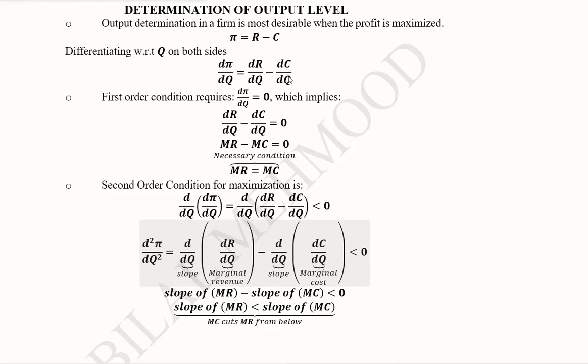Since we do not have any exact form of it or any numerical form, we just write them in the derivative general notation. For the maximization, we find out the first order conditions primarily, which require it to be equal to 0. So instead of d pi over dq we can write 0.